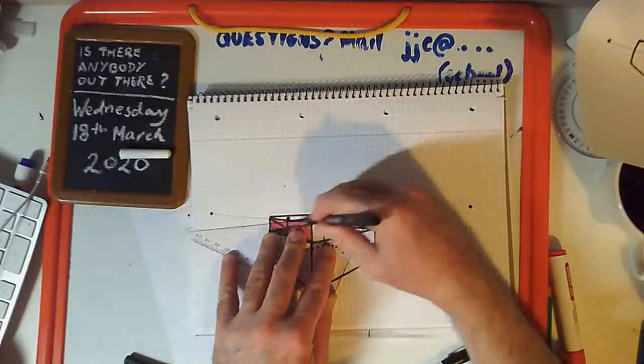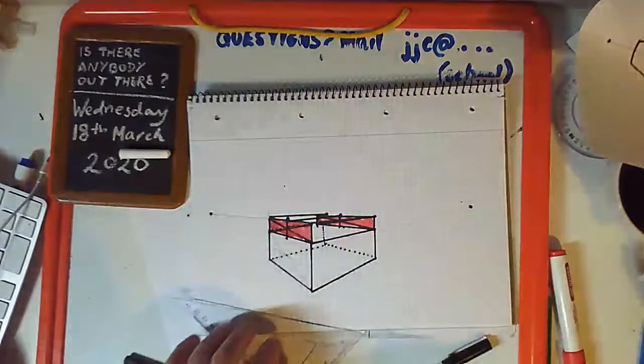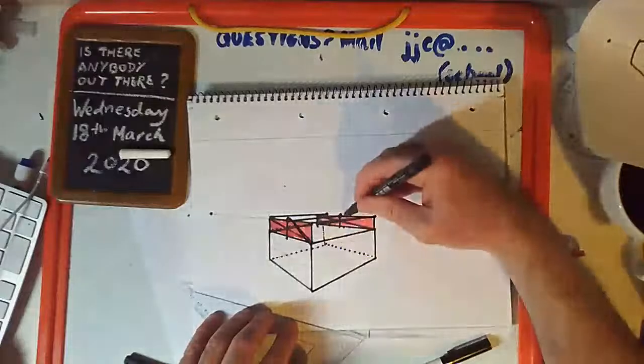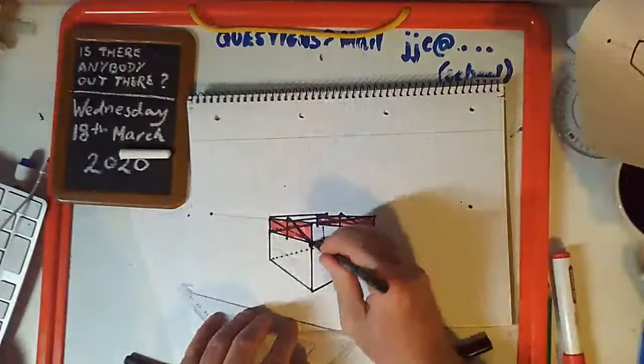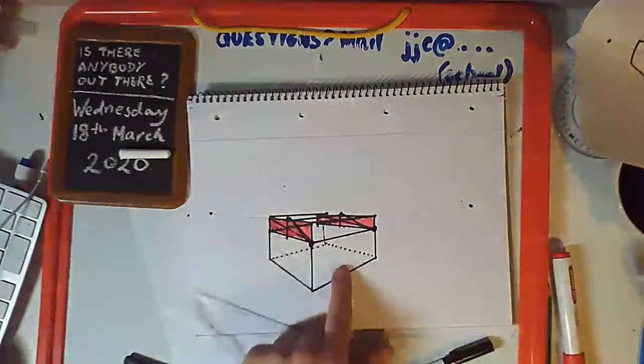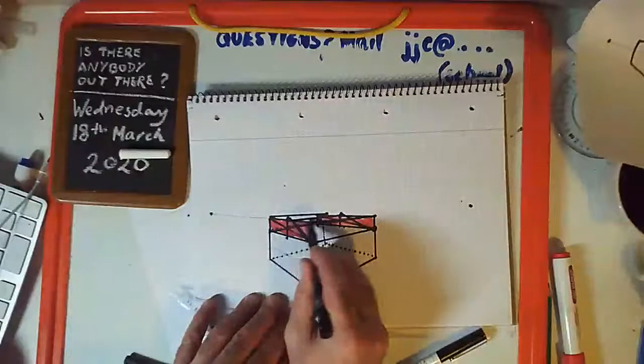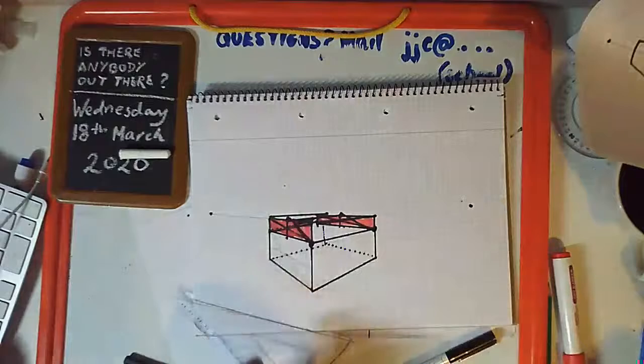So these two dots that I've drawn are going to be the peak of my sloped roof. They're going to join up along the very top of the building, and then they're going to slope down to the two tops of this side rectangle. I say rectangle, it's a rectangle in real life, but it's distorted on the diagram.